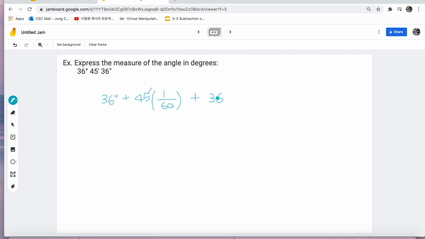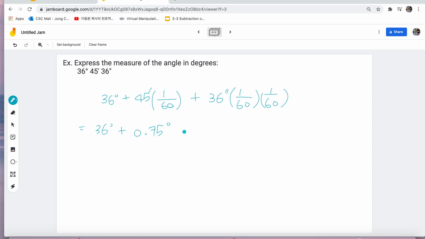Similarly, 36 seconds, you can change that to minutes by dividing by 60. Then we have minutes here, right? To change the minutes to degrees, you need to divide that by 60 again. So we have 36 degrees plus, what's 45 divided by 60? 0.75.